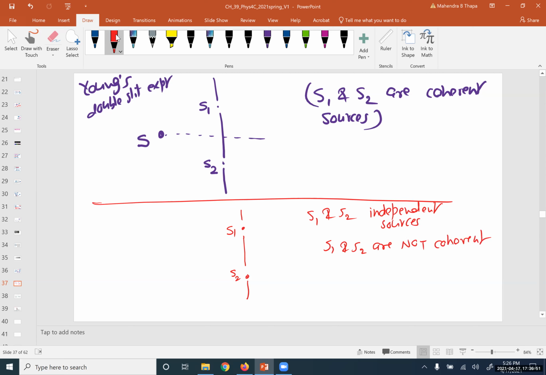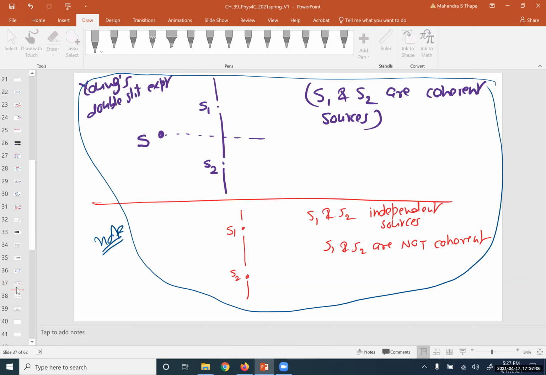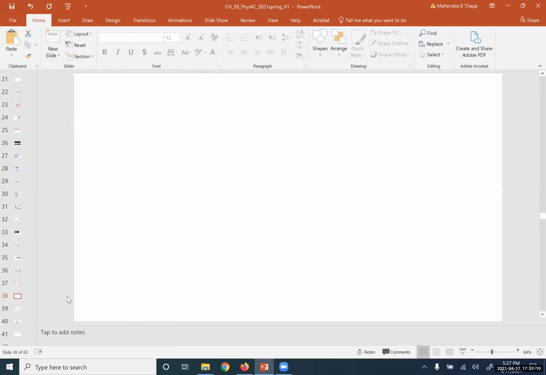This example is just for the note. Let's move further.